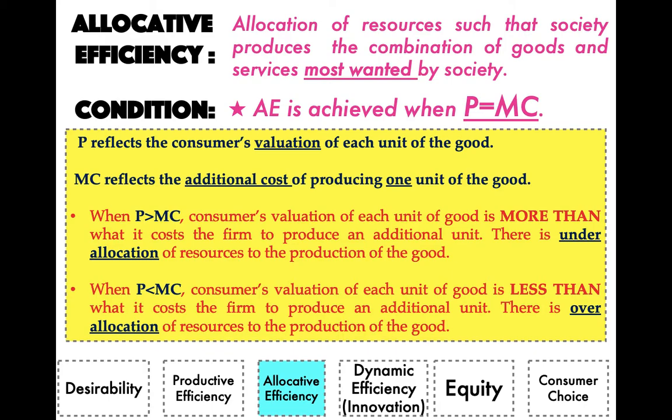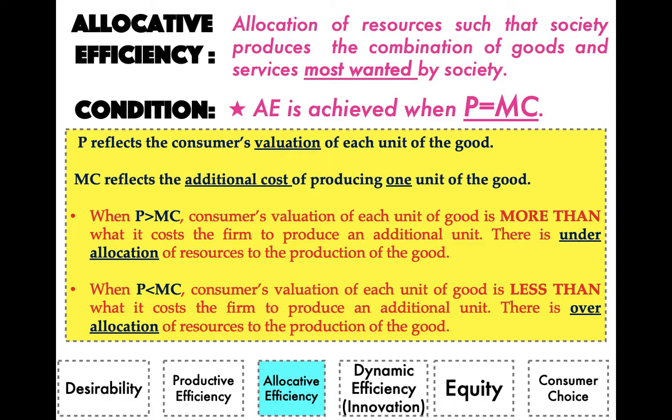That's why we say that P equals MC will be an allocative efficient condition, right? Because when P equals MC is achieved, you have a particular resource allocation whereby just enough or ideal amount of goods and services are produced in the society.